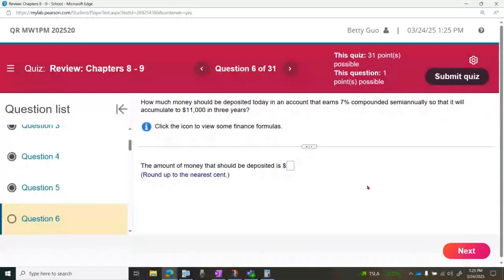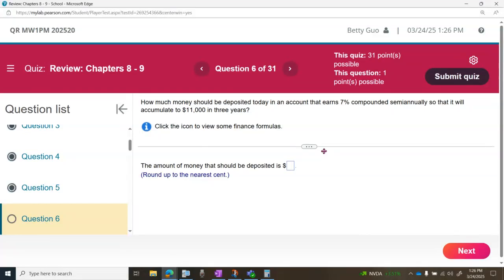Question number 6. How much money should be deposited today in an account that earns 7% compounded semi-annually, such that it will accumulate to 11 grand in 3 years? Okay, so this is a compound interest account problem.